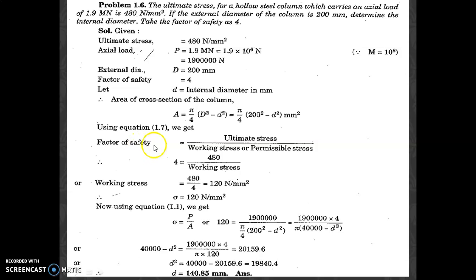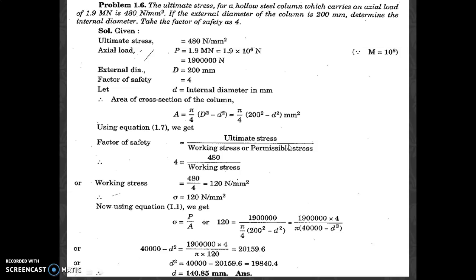It is the ratio of ultimate stress to working stress or permissible stress. In general, whenever any component or machine element is working, it is not allowed to raise the stress up to its ultimate stress or yield stress.